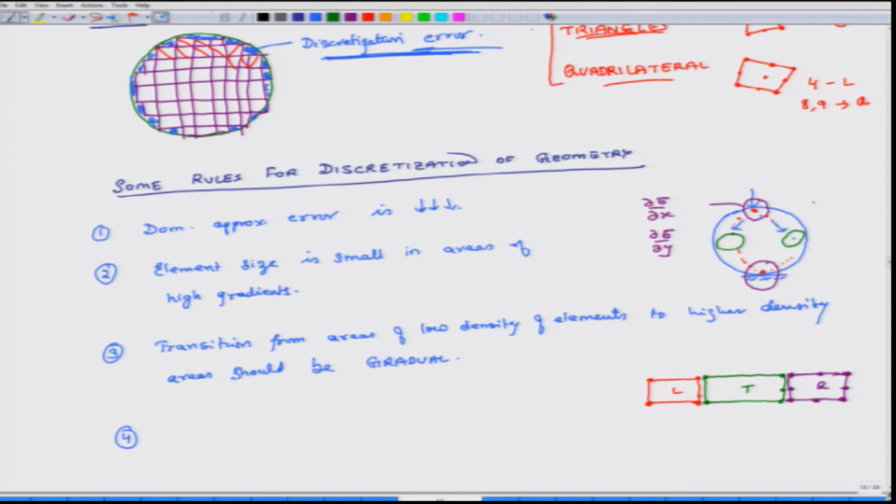So, use transition elements to connect higher and lower order elements.